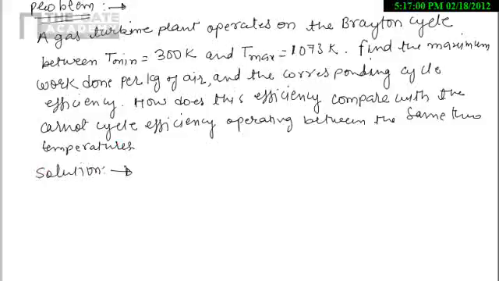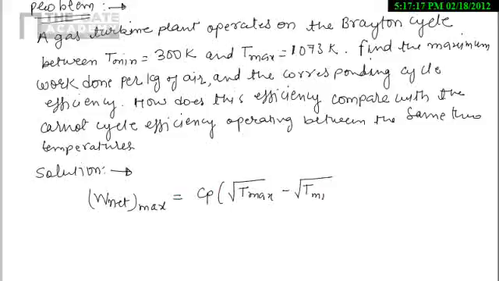So here in that problem we are interested in the maximum work done per kg of air. In the Brayton cycle, for maximum work done we have the formula Cp times (square root of Tmax minus square root of Tmin) whole squared. We have Cp as 1.005, Tmax is 1073, and Tmin is 300.